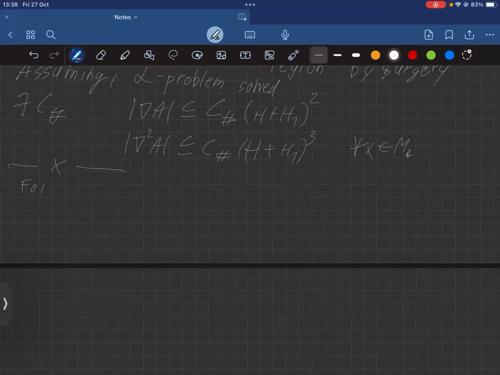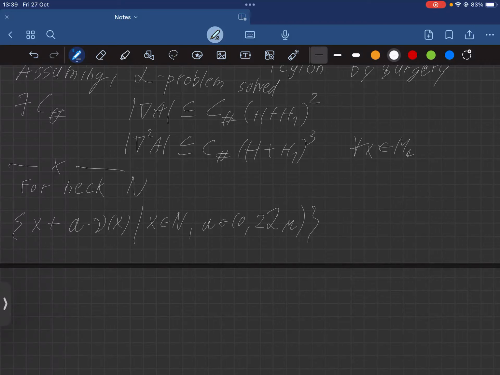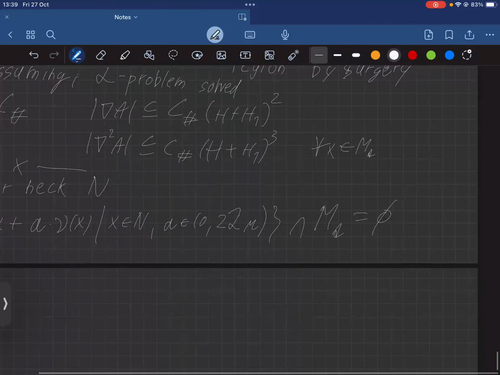For neck N, we require that this set x plus a times the normal at x, so in the perpendicular direction to our neck, for each x in our neck, and for each a between 0 and 2 alpha hat r, is actually disjoint from our surface, right? So this is pretty straightforward.